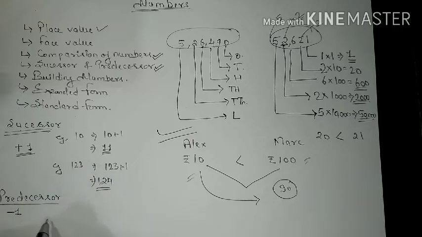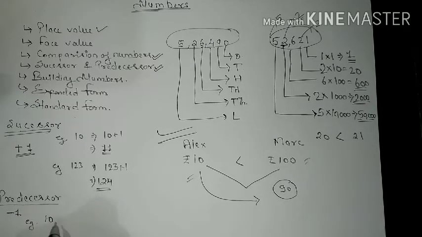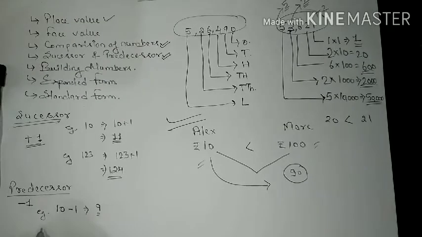So if you want to find a predecessor, let's take an example. You can take 10. So what will be the predecessor of it? It will be minus 1. It is 9. Okay students, let's take one more example.